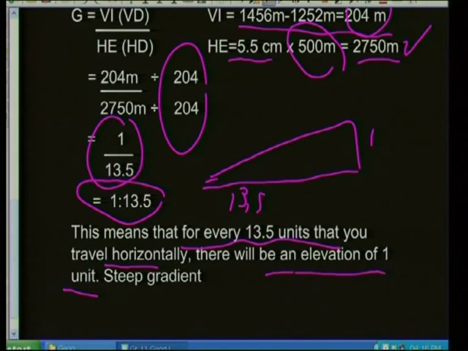But the bigger this figure, the more gentle the slope. Like if I go 1:250, you understand? It's a gentle slope. The smaller the second figure, or the horizontal figure rather, the steeper the gradient.